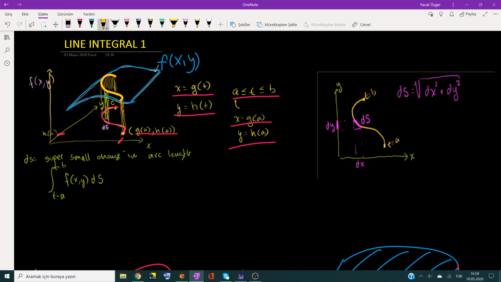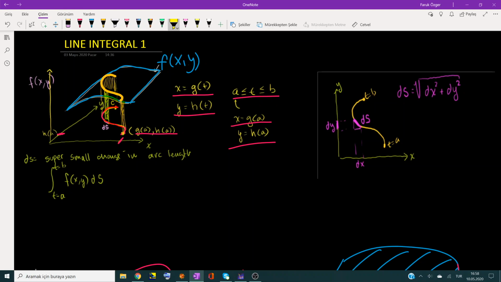And the aim is to compute the area of this wall. Which wall actually? Let's say you have a fence or wall from the upper curve to the lower curve, something like this.